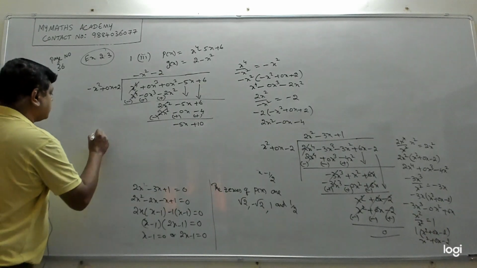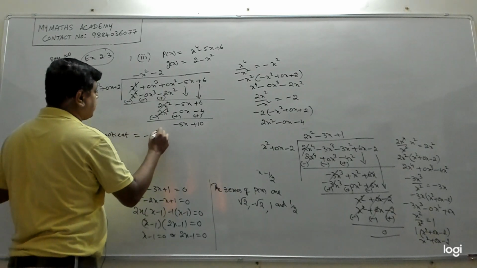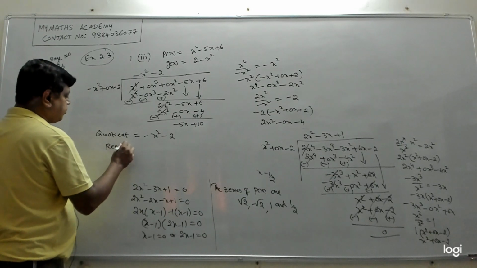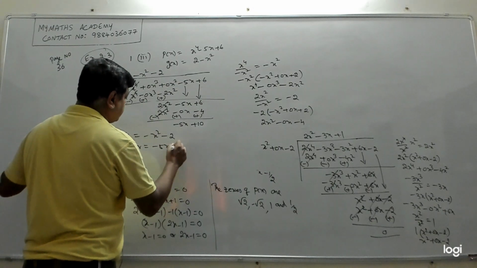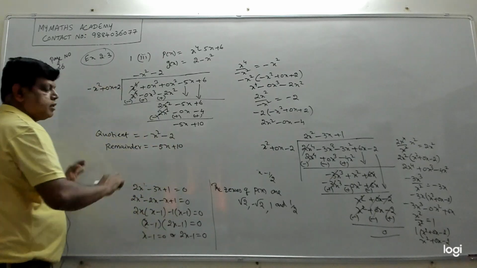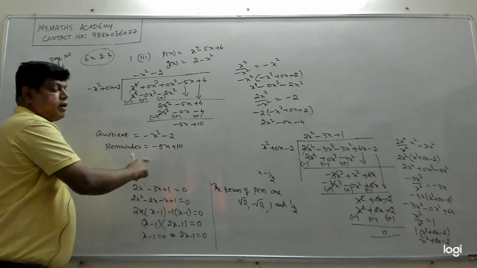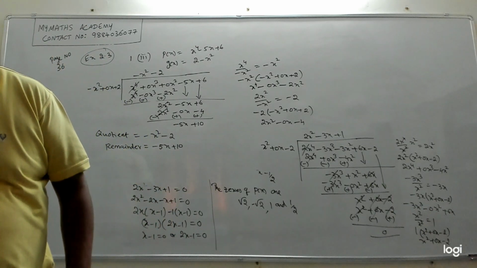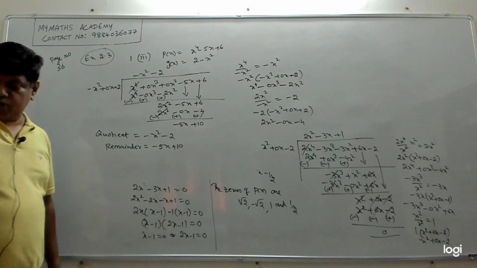So the quotient is equal to minus x square minus 2, and the remainder is minus 5x plus 10. That's all. So the quotient is minus x square minus 2, and the remainder is minus 5x plus 10. Fine. So this is how we would do this.